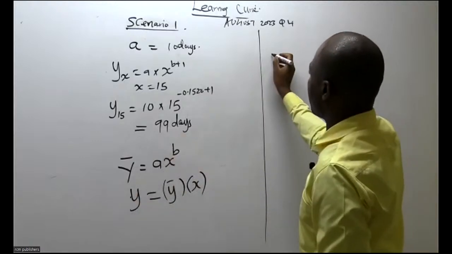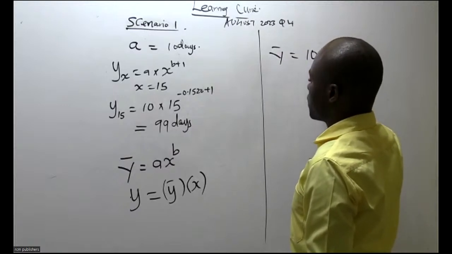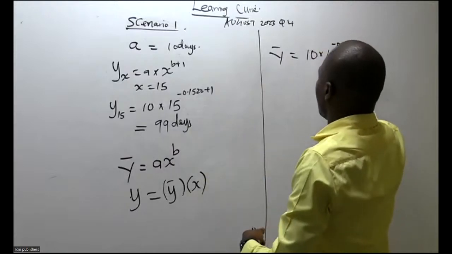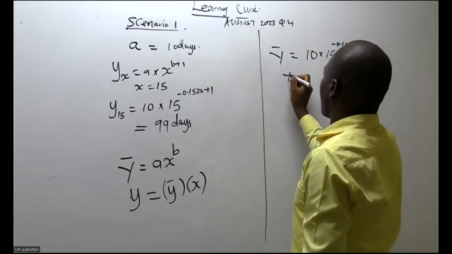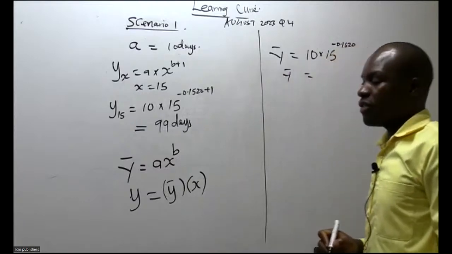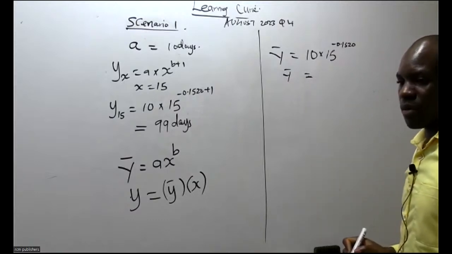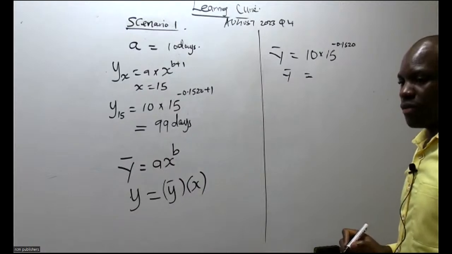Let's get the average first. The average will be A, which is 10, times X, which is 15, raised power negative 0.152. How much do you get for that average?